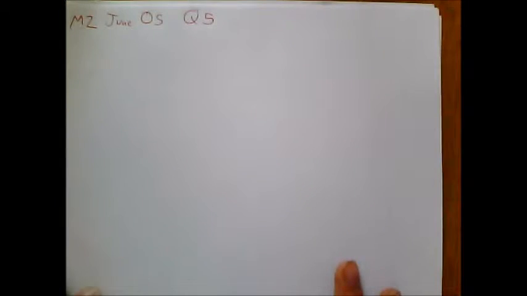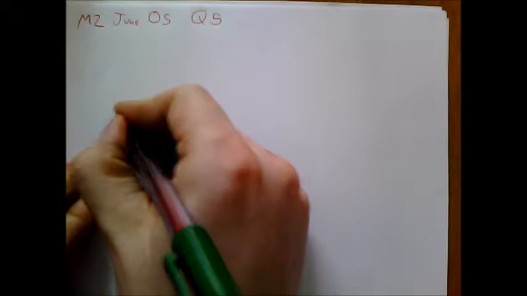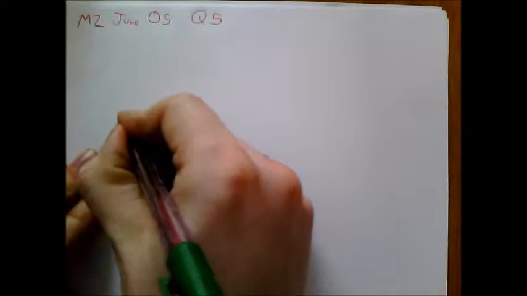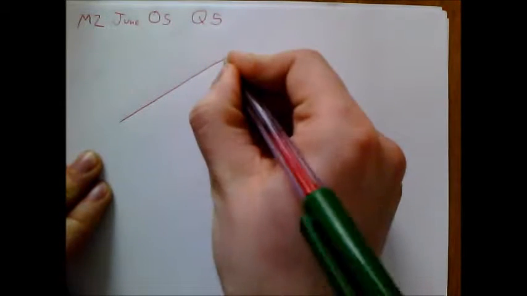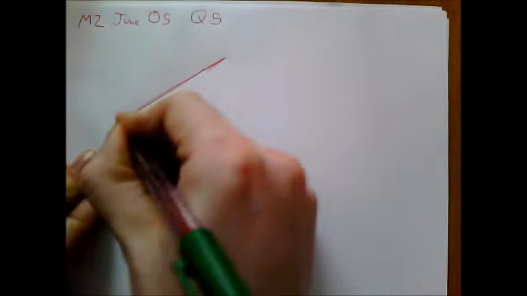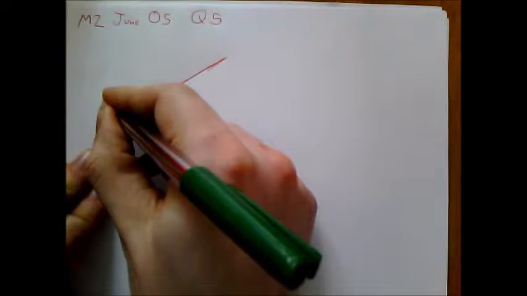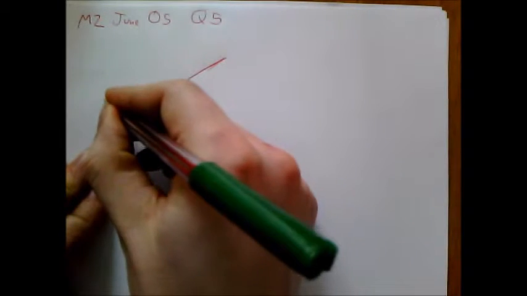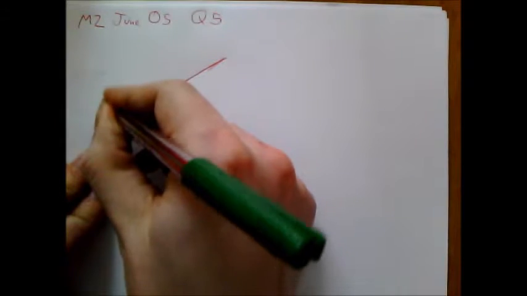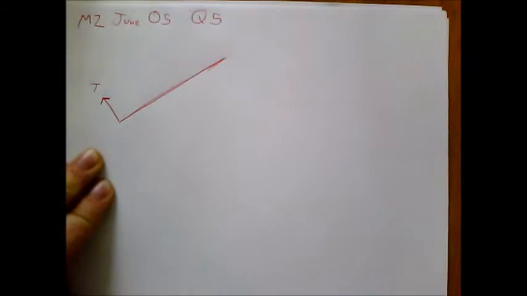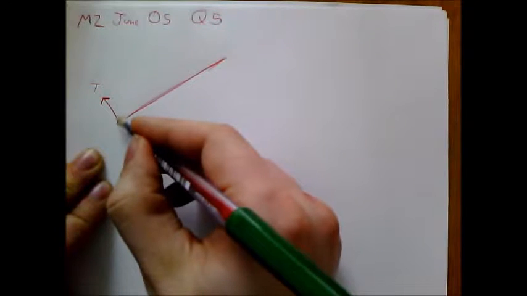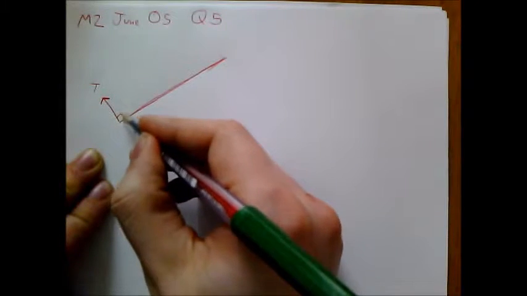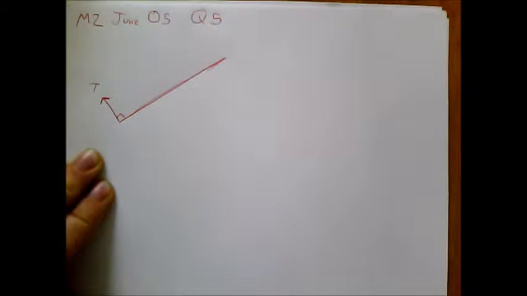I'm going to draw myself a very simplistic diagram. So here is my rod. Now on this rod there is a tension in the string right here, which I don't know yet, and this is at right angles to this rod here, which is very important.